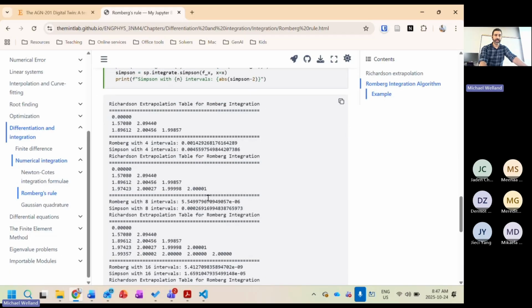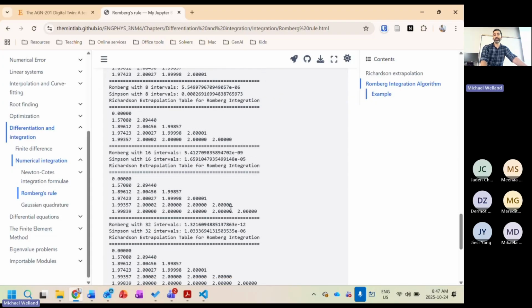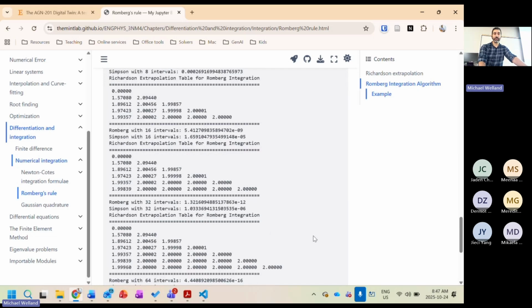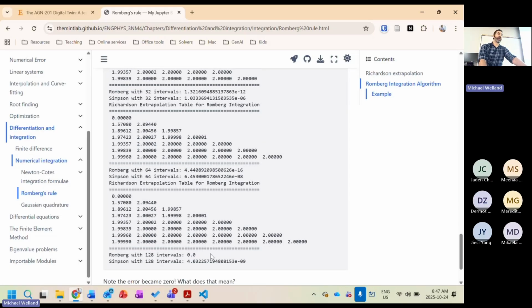And what you're going to see is that at 8 intervals, the error just falls completely through the floor. Simpson's rule is doing very well, but it can't keep up compared to Romberg. It's just much better. Down here at 128 intervals, Simpson's rule still has some kind of error that's trackable. Here it says 0.